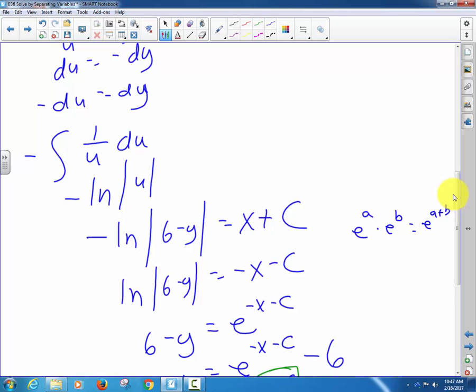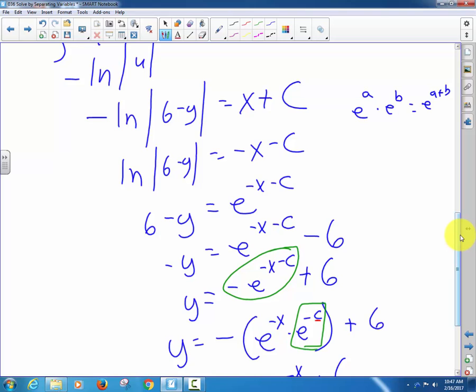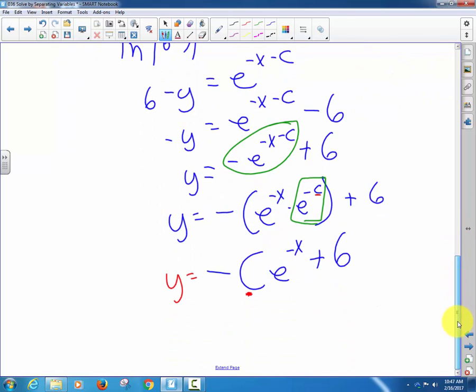Because if I don't give you that information, you could have stopped right here and said that's the answer. And it is. It's just not in the simplest form that we would normally expect to see it in. So the expectation is to write y equals negative c e to the negative x plus c. Plus 6, I'm sorry. Wasn't that fun?